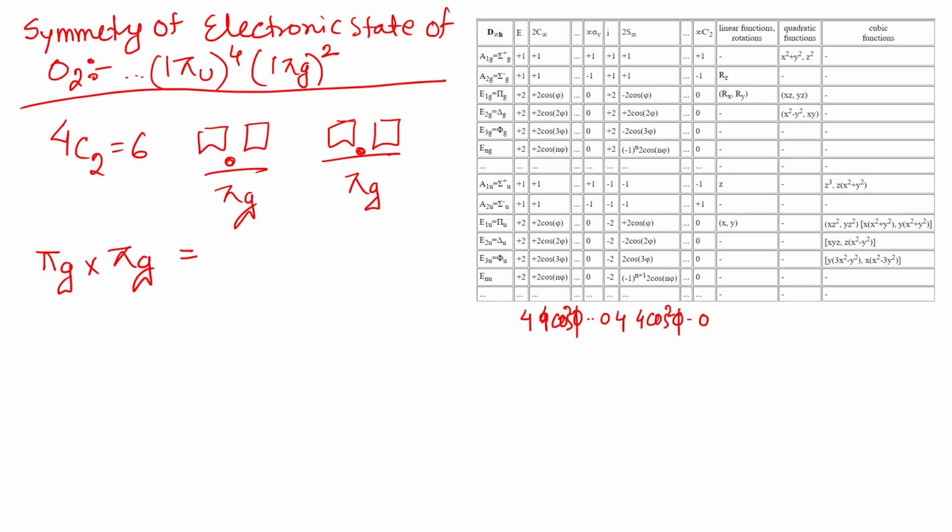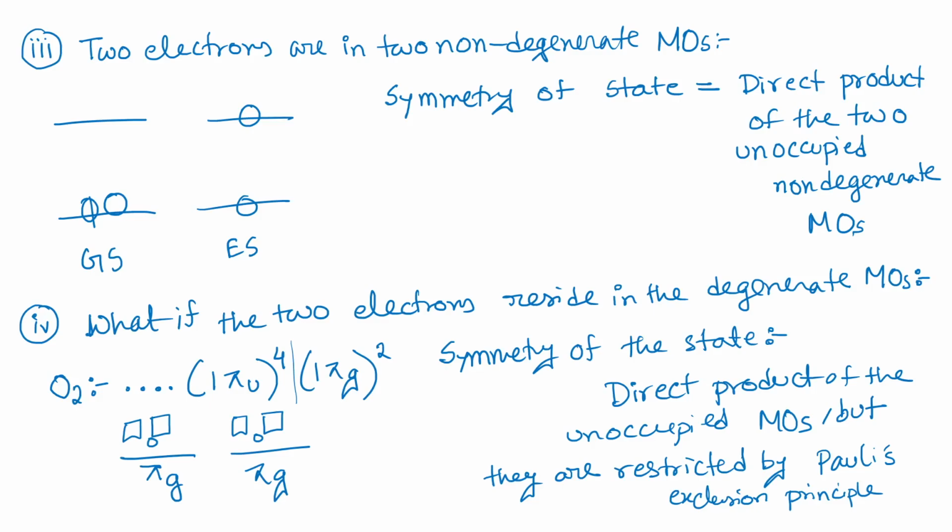So you have to go with the induction formula, and we'll see that this is going to lead to sigma g plus, sigma g minus and one more, that is delta g.